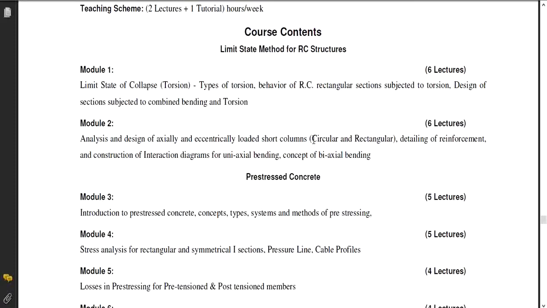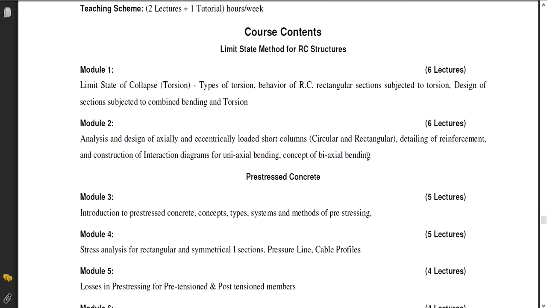There are two shapes we are going to study, circular and rectangular. After design, we will study details of reinforcement, construction of the interaction diagram for uniaxial bending, and the concept of biaxial bending. It requires hardly 4 to 5 hours to complete this module.